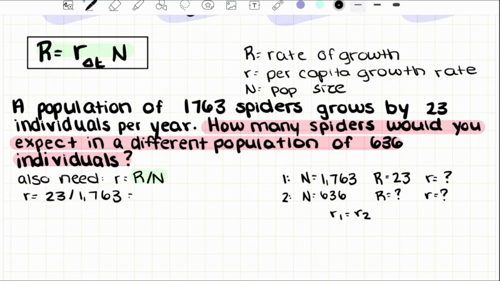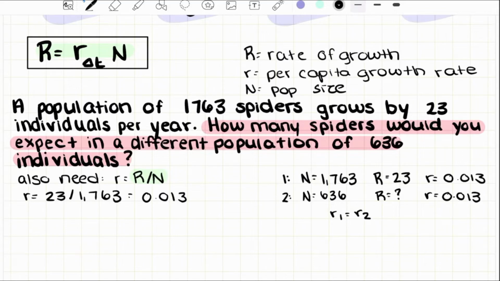Now, if we divide those things, 23 divided by 1,763, we're going to get roughly 0.013. And that's our little r. Well, wait a minute now. We can fill this in for population 2, little r, because they're the same. So we can make sure that we fill in our little chart that we have.